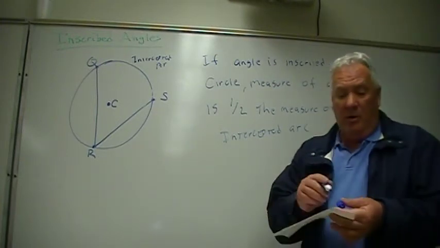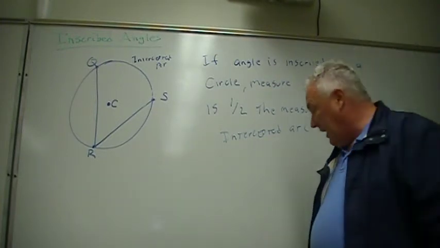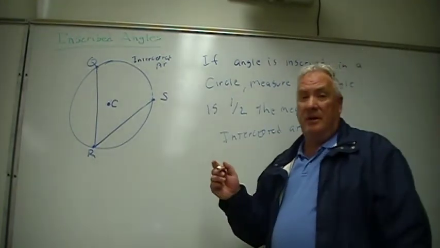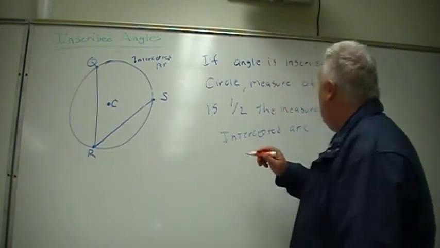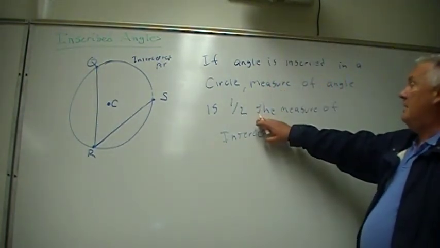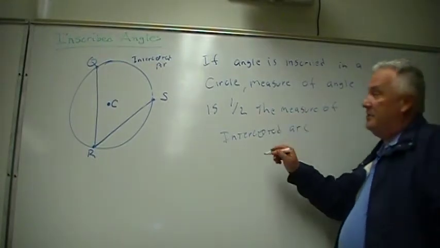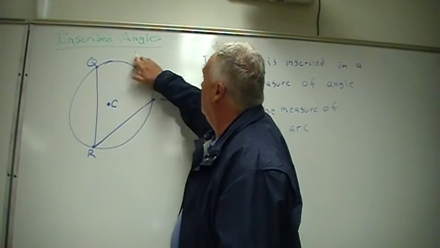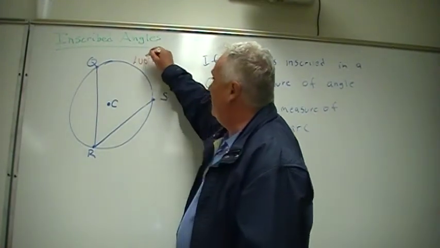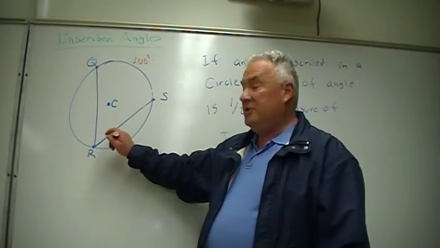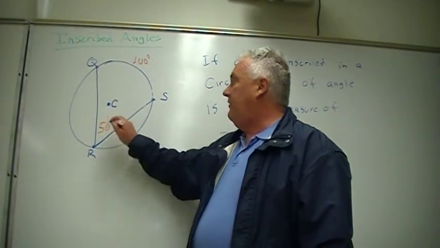So, a really important one. I know there are going to be a couple on the final exam that include topics like that. Here's what an example would be. The measure of the inscribed angle is 1/2 the measure of the intercepted arc. If this intercepted arc, QS, is 100 degrees, then this measure is going to be 50 degrees.